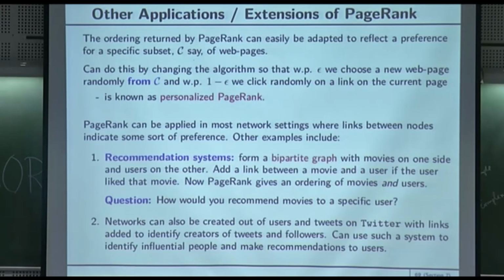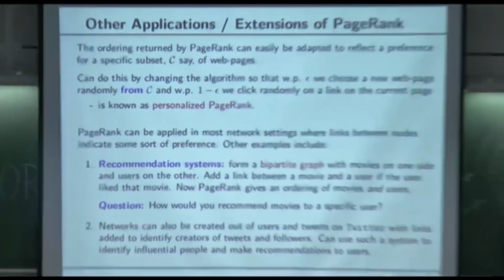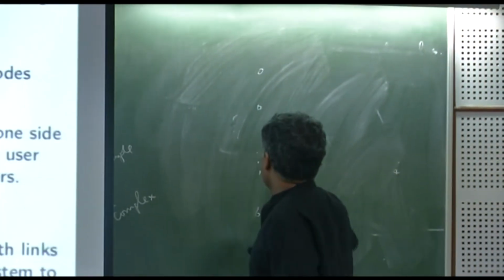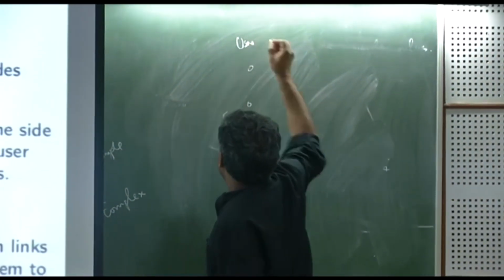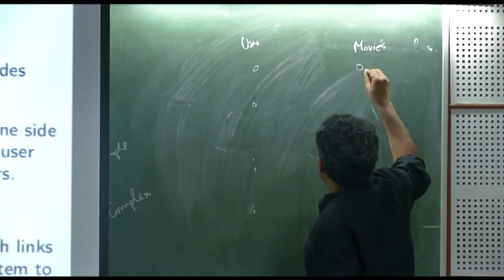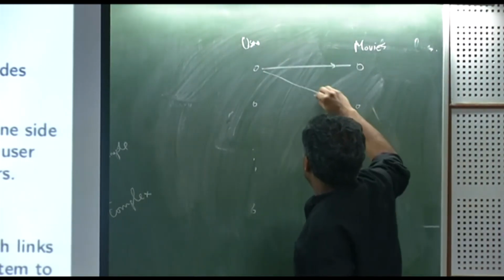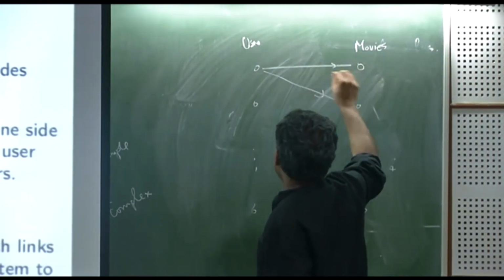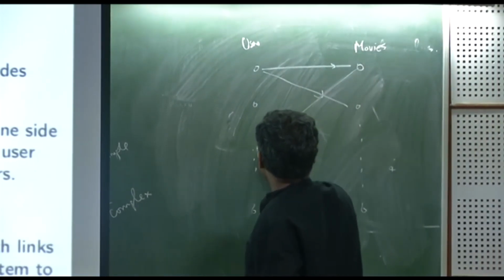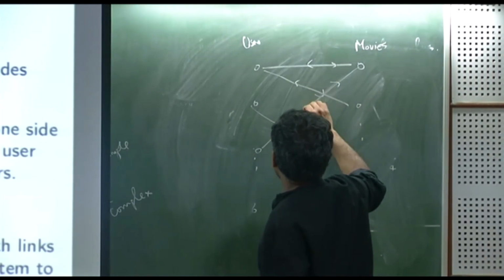So you have a Markov chain that lives on users on one side and movies on the other side, and if there is a ranking between movies and users, you create a Markov chain and make it bidirectional, so you can go in either direction.